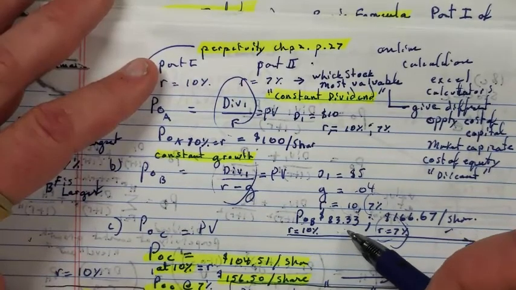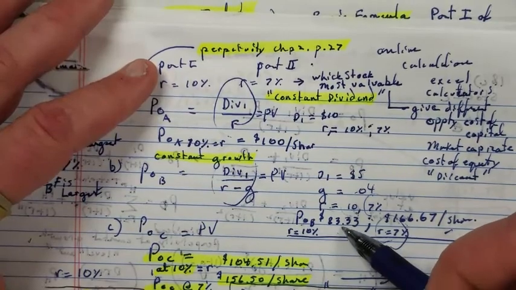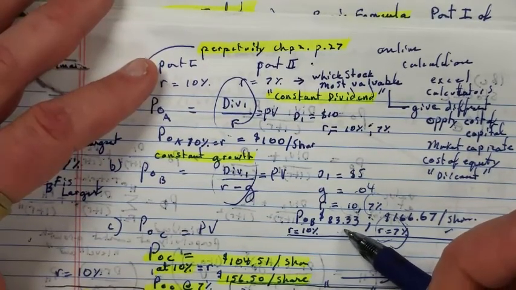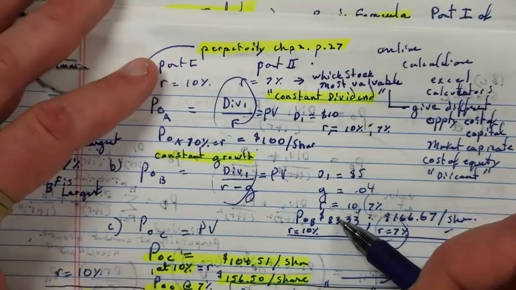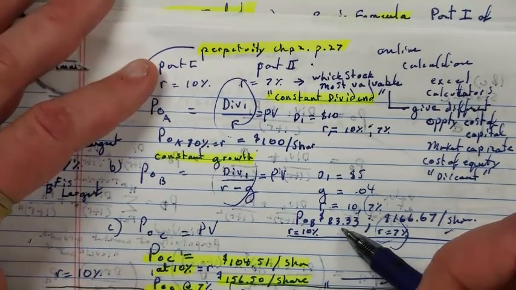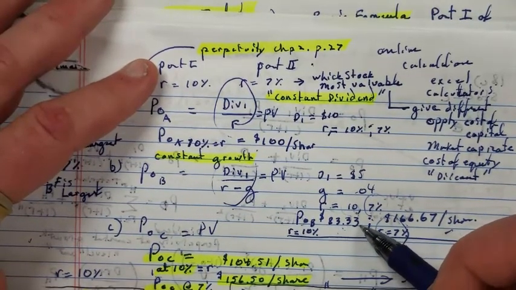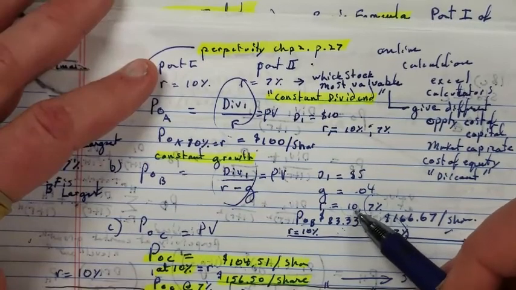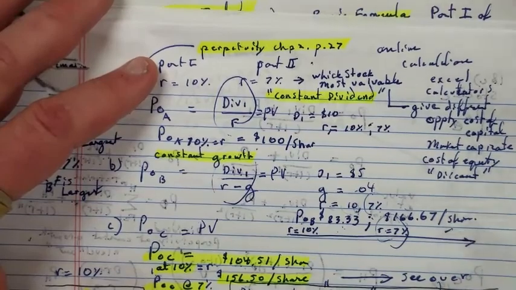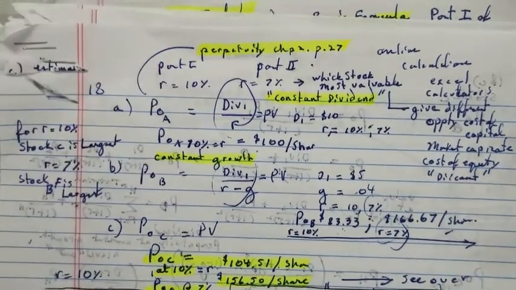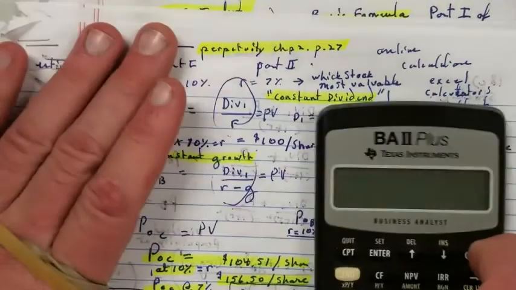By the way, on stock B, under the 10% assumption for the market cap rate, you can say that the stock was capitalized at a value of $83.33 per share. So that's what I ended up with. The only reason I'm not working the calculator is, of course we can do that.